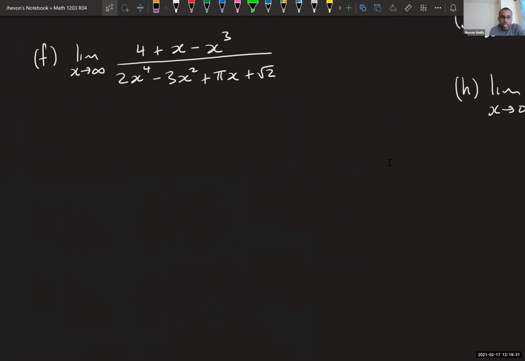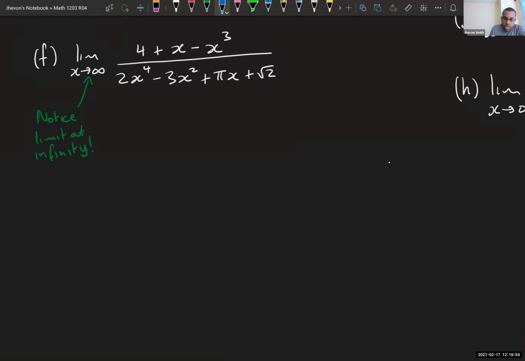Notice that the x is going off to infinity. That's actually important for this strategy. Notice, limit at infinity. Okay, that is what tells you that you can do this thing that I'm about to do.